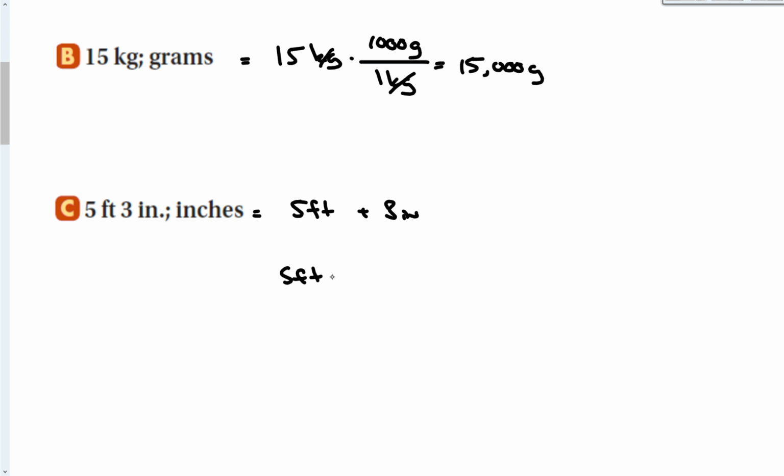So that's 5 feet times 12 inches in 1 foot. The foot cancels out, and we're left with 60 inches. But don't forget to put that 3 back in. So the total here would be 63 inches. Okay?